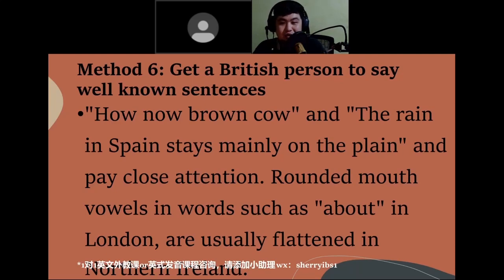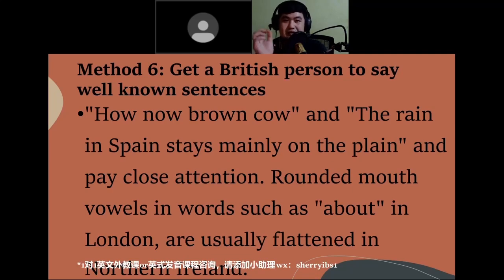Rounded mouth vowels in words such as about in London are usually flattened in Northern Ireland. Okay, so how now, brown cow, and the rain in Spain stays mainly on the plain.